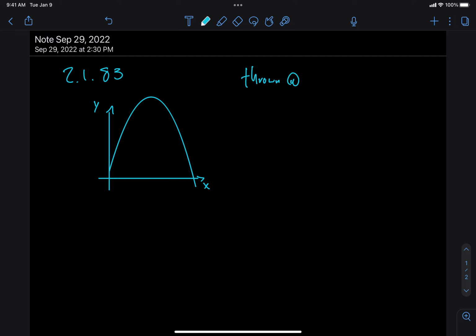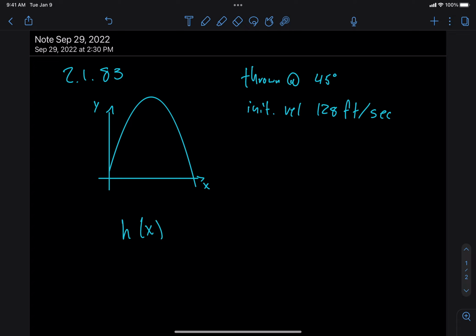Thrown at an angle of 45 degrees with initial velocity of 128 feet per second. I don't think that's going to be relevant at all because they tell us the height.